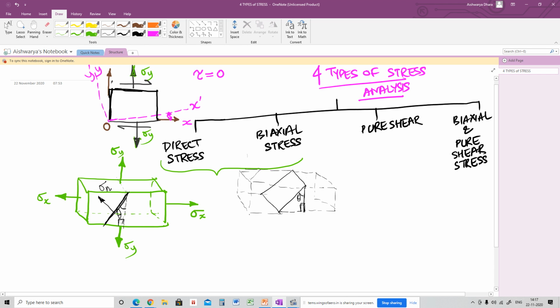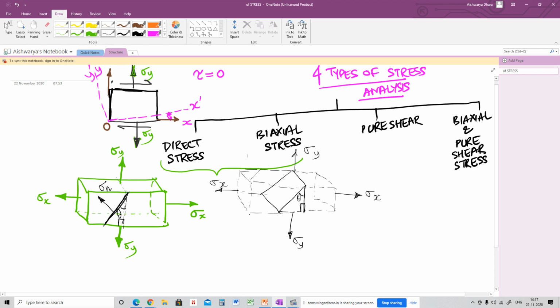Got it? The rough sketch. Now here I am applying some amount of sigma x, here also sigma x, here I am having sigma y, here sigma y. Some amount of load is acting.